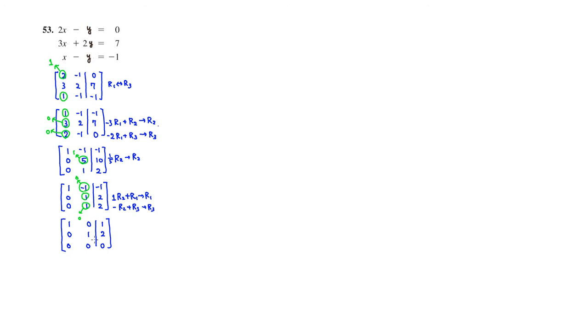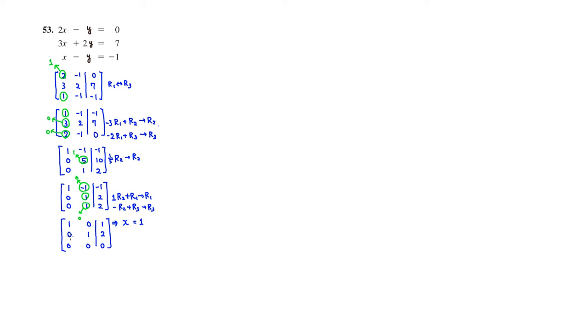Once you get to that point, we actually know the solution. The first column corresponds to the coefficient of x. So if you rewrite the first row into an equation, 1x plus 0y is equal to 1, which is x equals 1.